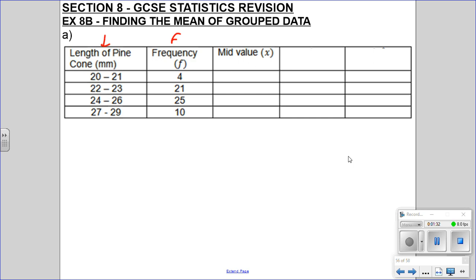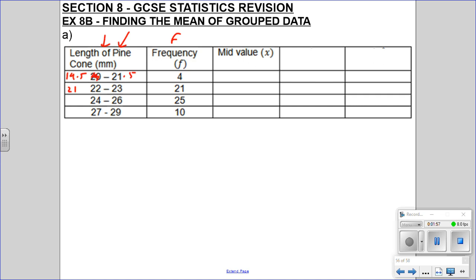The reason there's a gap is that the length of the pine cone has been rounded. So we need to make the groups fall into the upper and lower bounds of 20 and 21. What I'm saying is that 20 should really be seen as 19.5, and this should be 21.5.